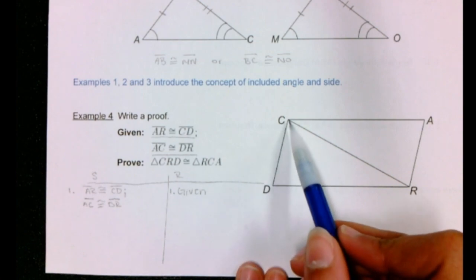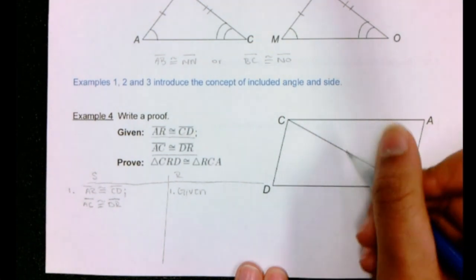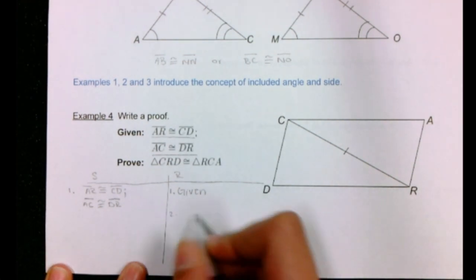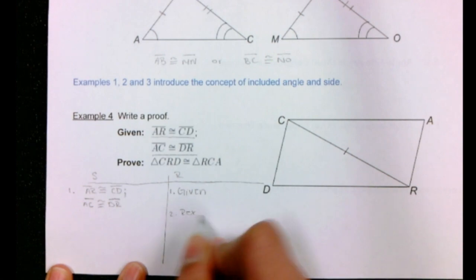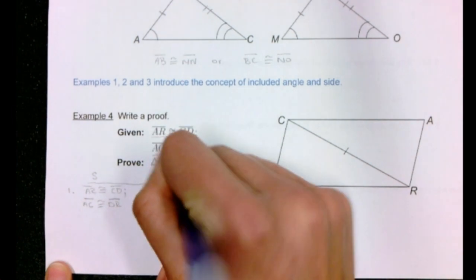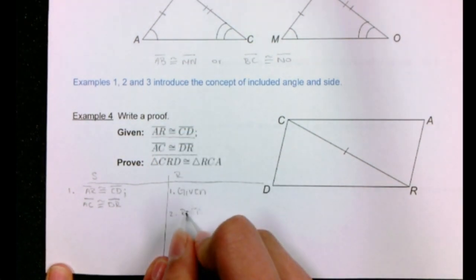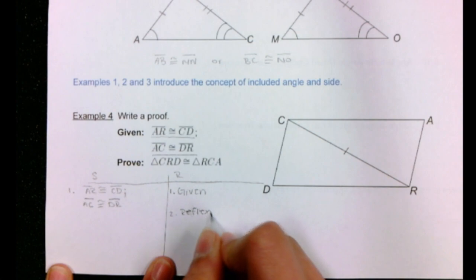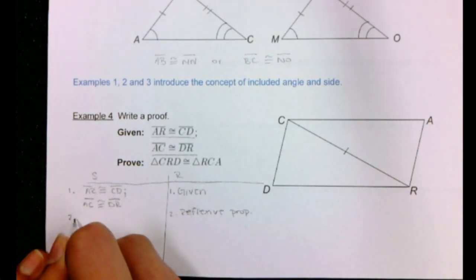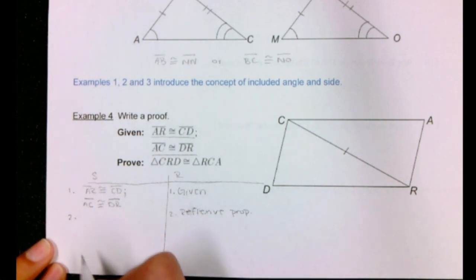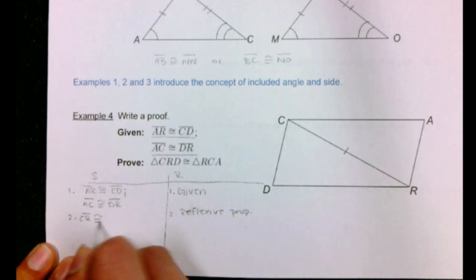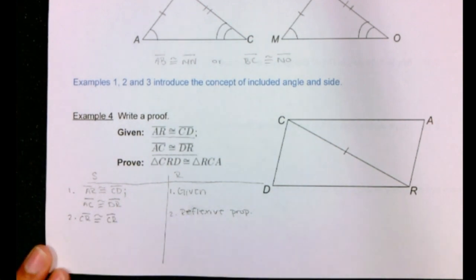That last side is CR, and using the reflexive property, we can prove that side CR is congruent to side CR.